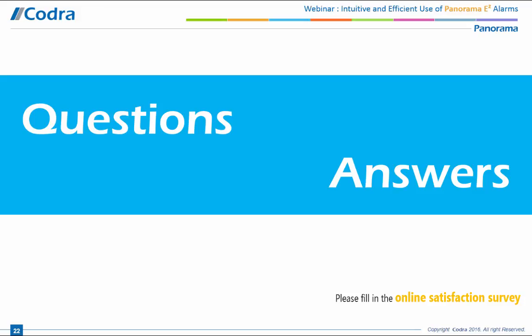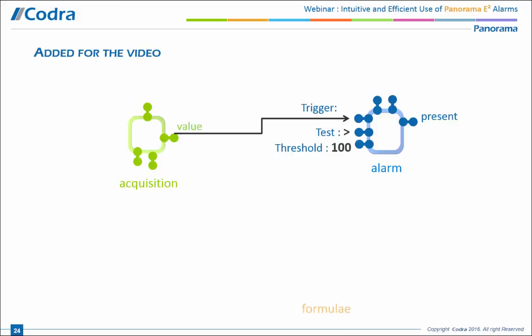Or you can also have a script changing dynamically the severity value and the alarm configuration. You can also use a formula that will provide the threshold value.